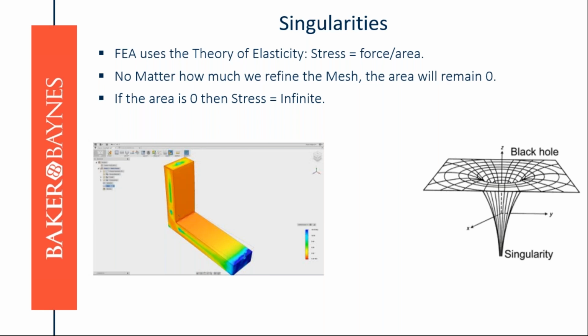So again, FEA theory uses the elasticity. So stress is equal to force over area, right? And no matter how much we define the mesh, so defining the mesh gives us often better results. But sometimes with the singularity, no matter how much we define the mesh, there's still an area that will remain zero, and this causes stress singularities, right?